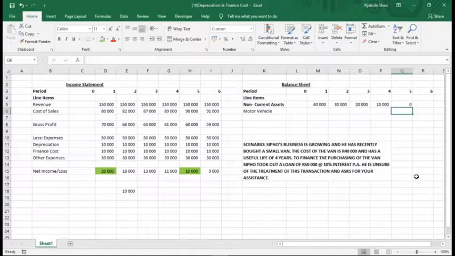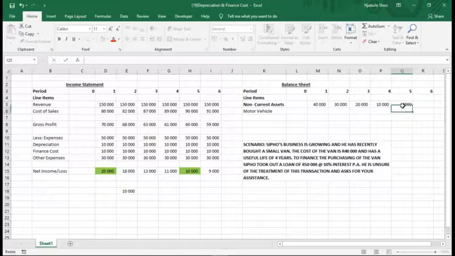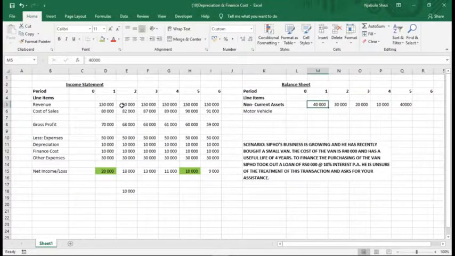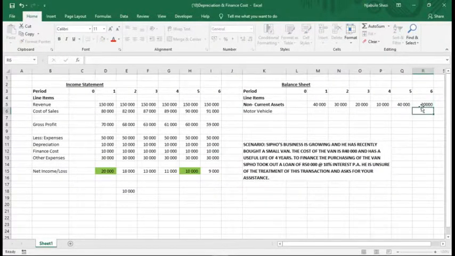It started from 40,000 rands all the way down to 0 rands. And then at the beginning of year 5, he will purchase another van, and this will go on and on.